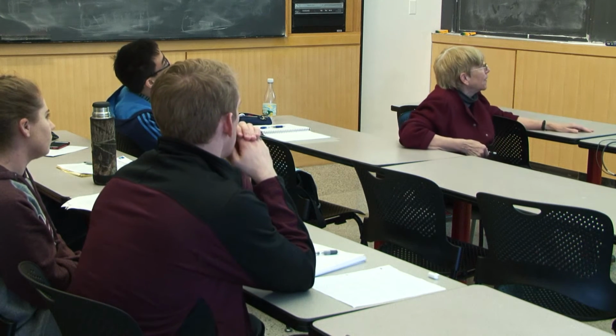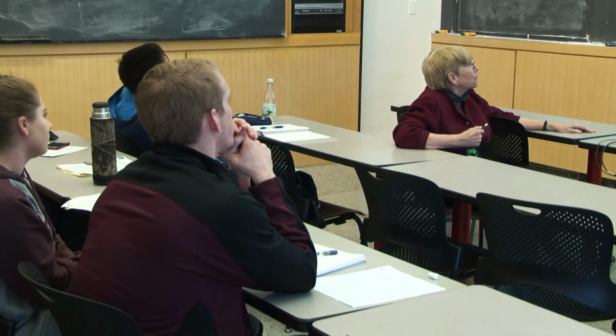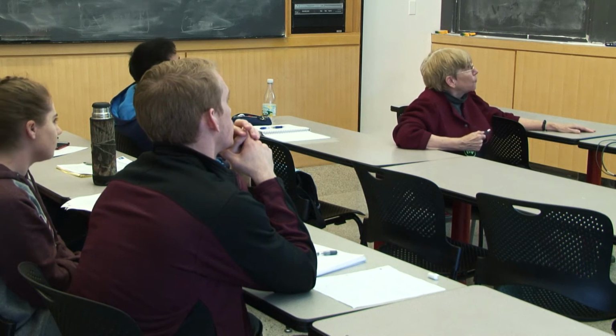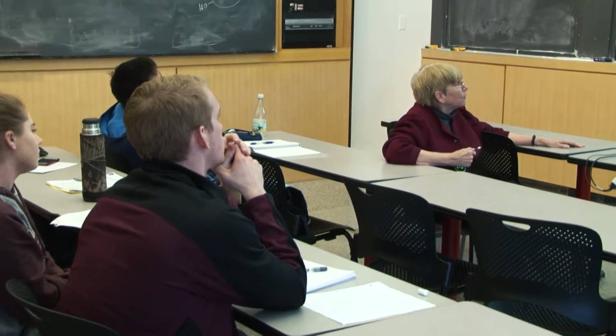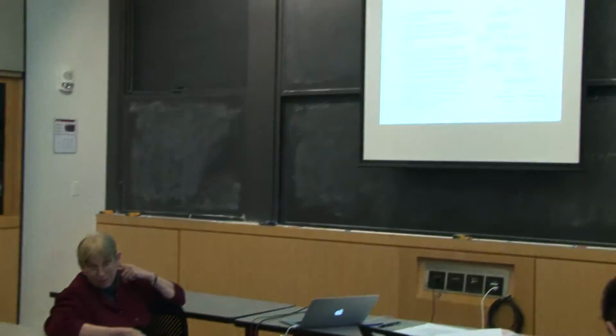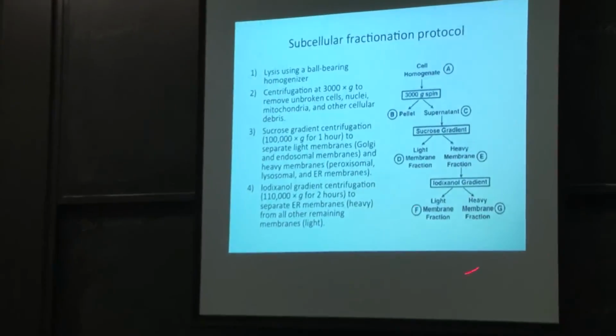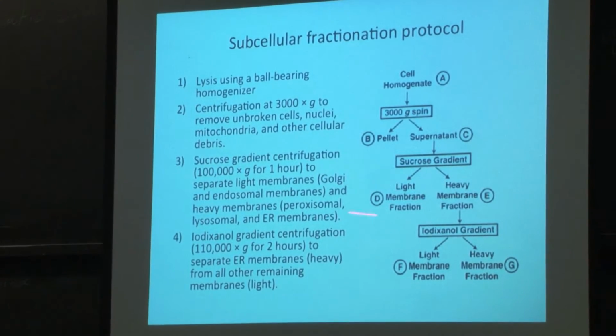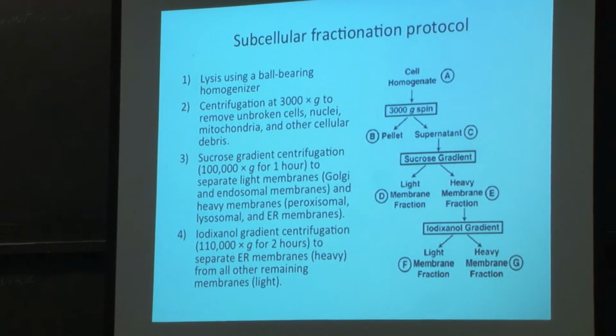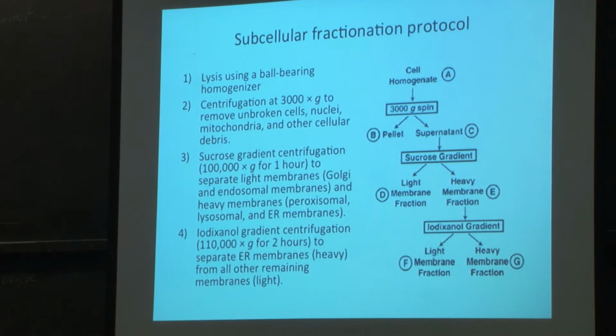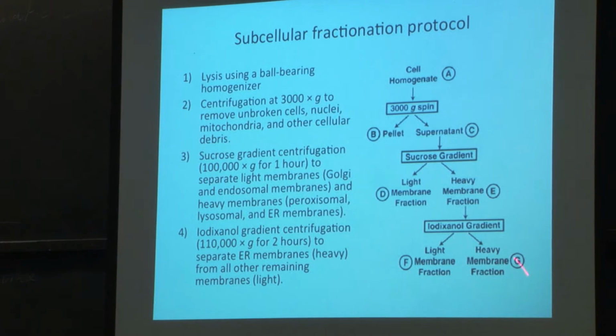Okay. So anyhow, they went through that, and then what did they end up seeing? They went through different steps, and they separated them into the supernatant, or the light and the heavy membrane fractions, and then they have to analyze it. So the question is, how do they analyze to tell how well these separations actually worked?